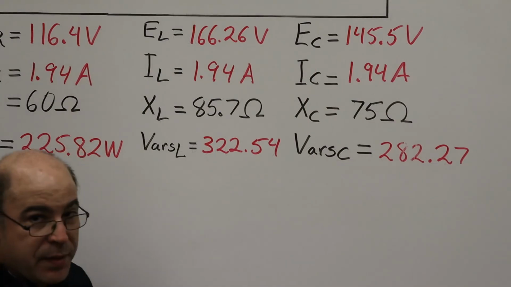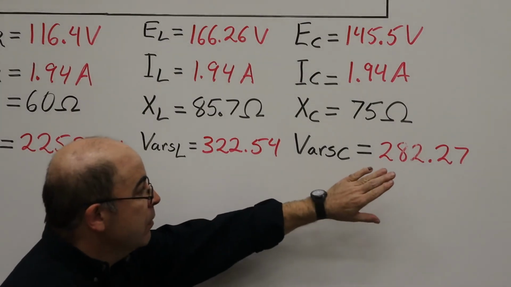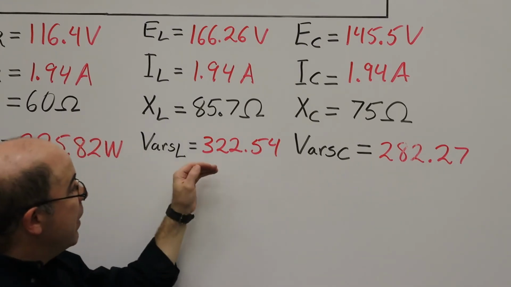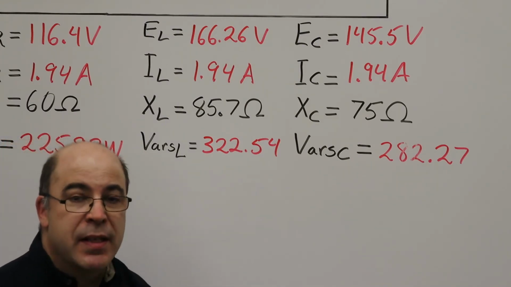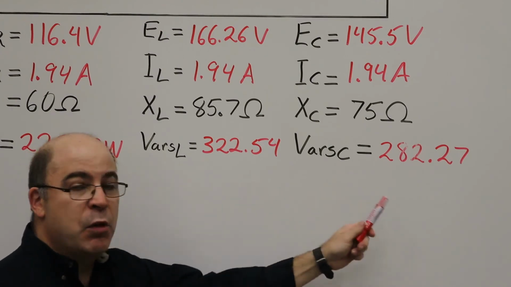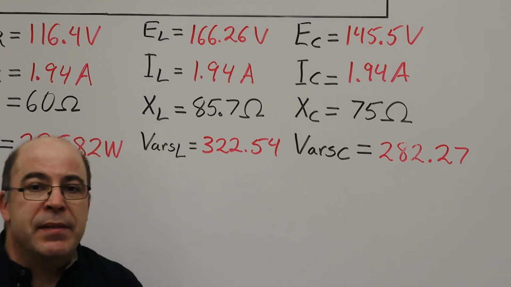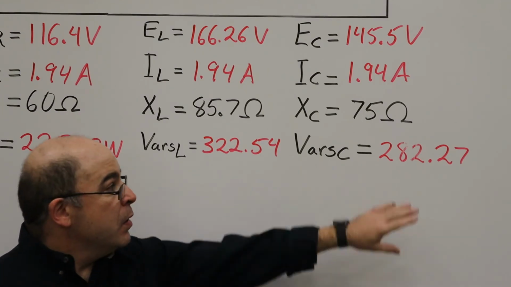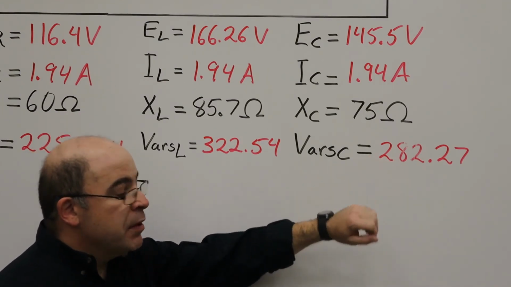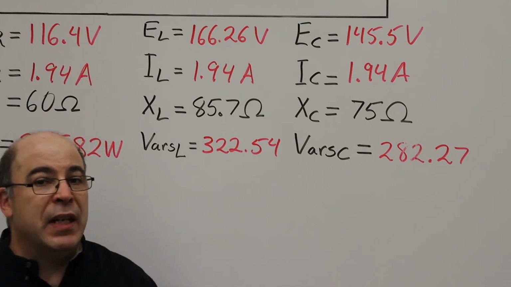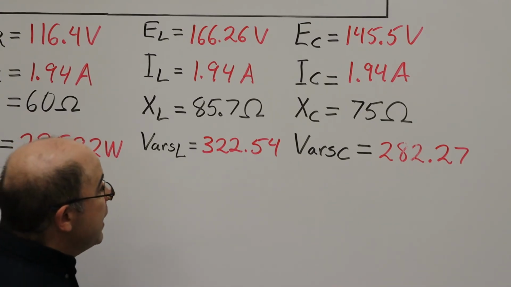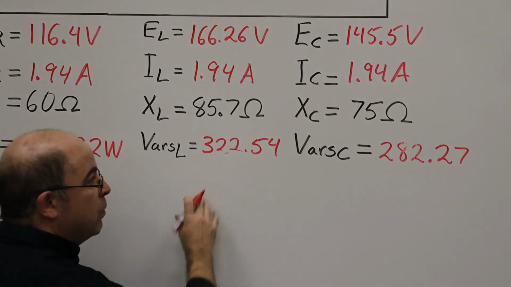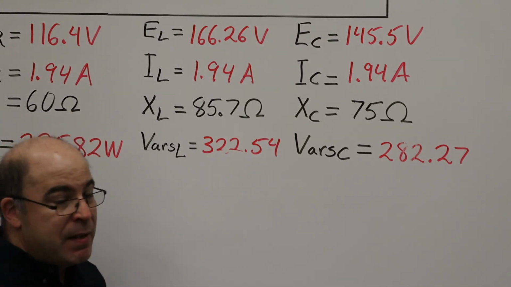Here in this circuit, I've got a value of reactive power across the capacitor and a value of reactive power across the inductor. And we can see numerically they're not the same. Capacitors generate reactive power, inductors absorb it. In this case, I've got 282.27 volt amps reactive, and that's going to negate that portion of what is volt amps inductive.